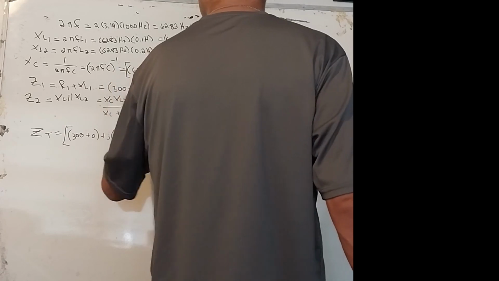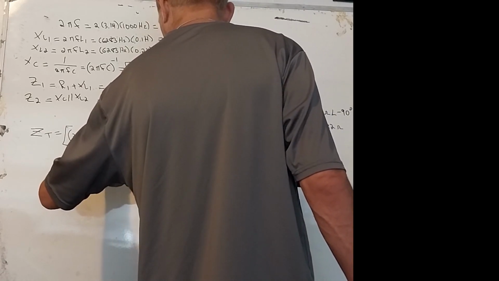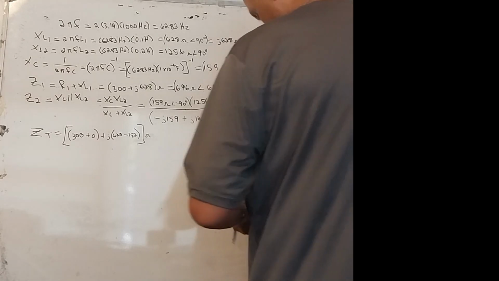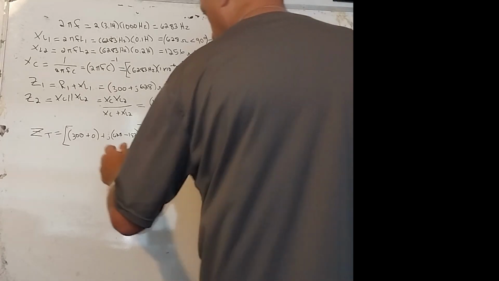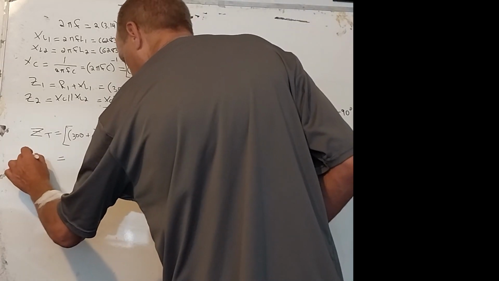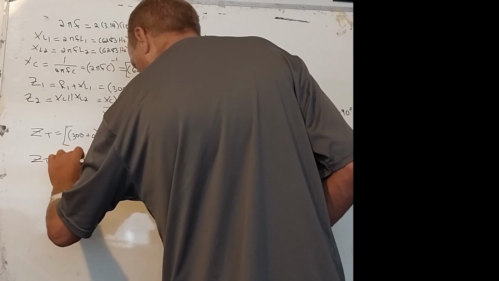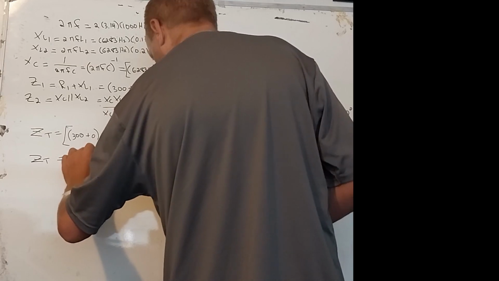We have 628. And that's going to be subtracted from, we subtract the 182 from it because this is the capacitive load. 628 minus 182 is 446. So the total impedance becomes 300 plus J of 446.